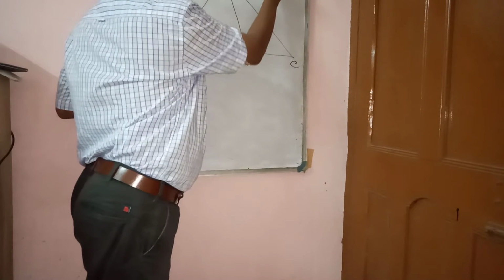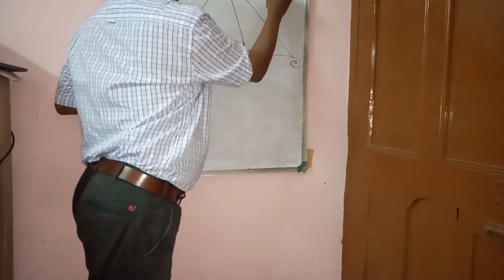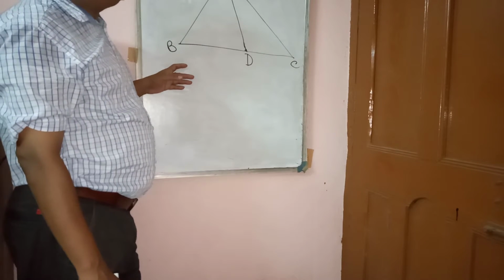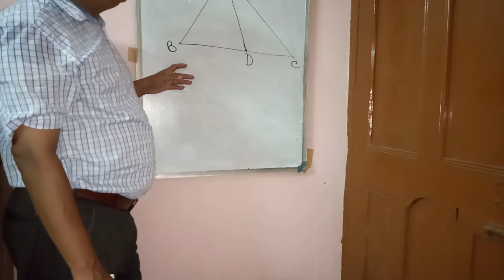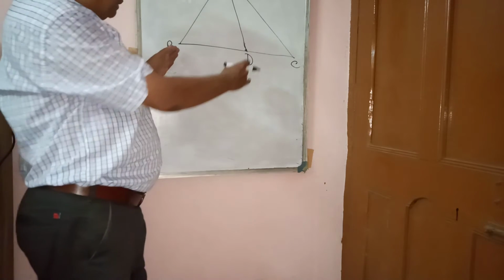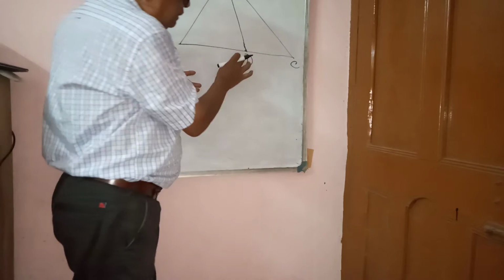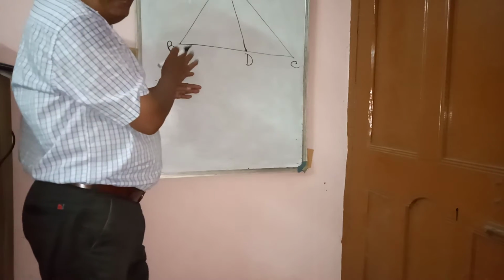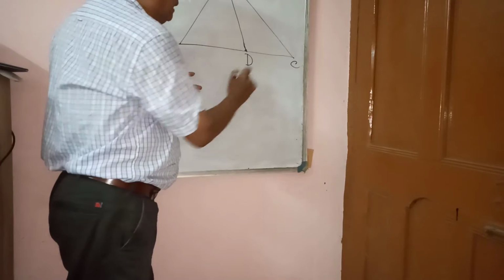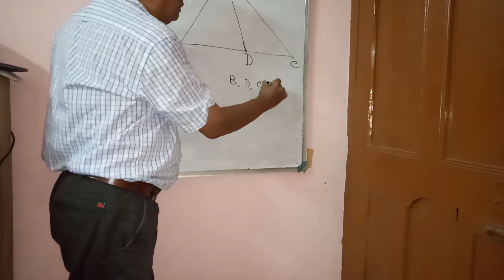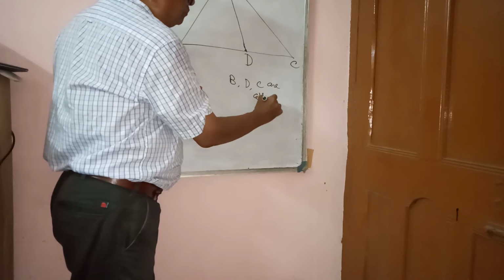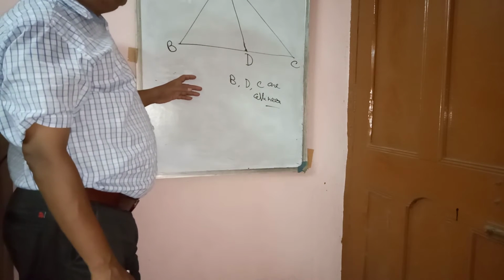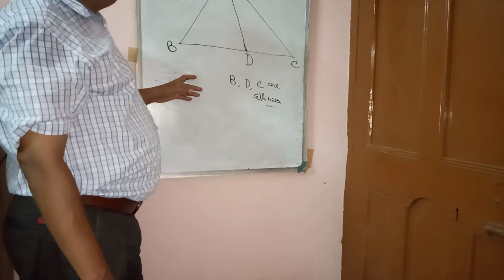See, A is common vertex, and their bases BD and DC, that is, the points B, D and C are collinear.